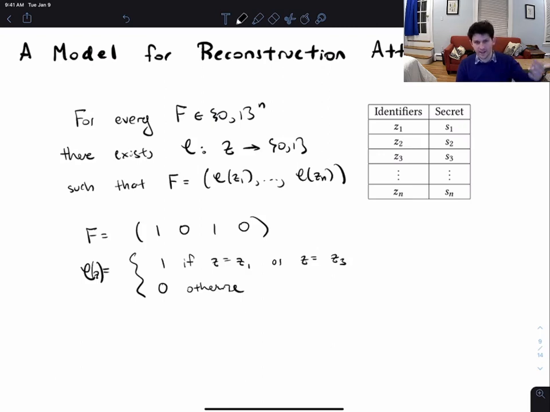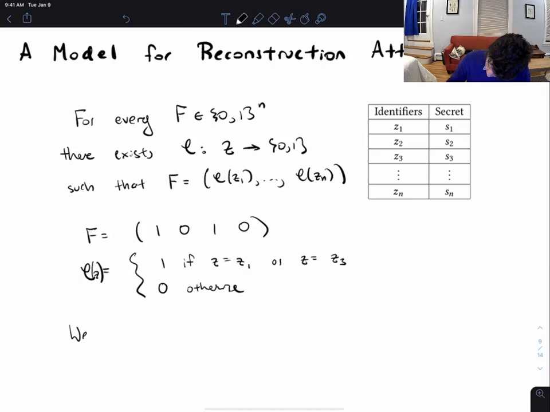At the very end of the next lecture, I'll talk a little bit about how in a practical setting, you can come up with actual queries of the form we talked about that will have the vectors you want in order to do reconstruction. But from now on, we'll just think about choosing queries f.